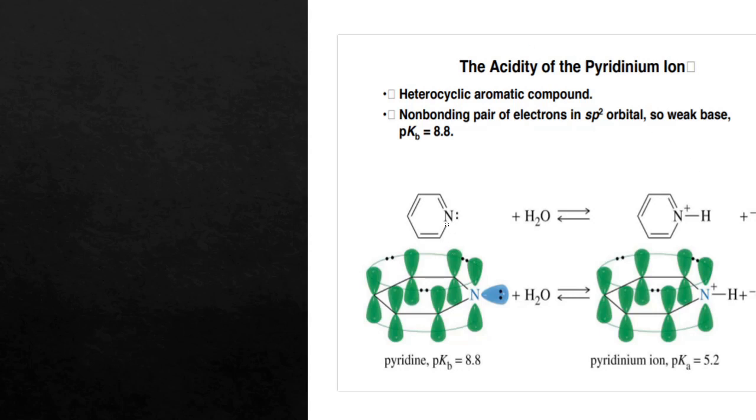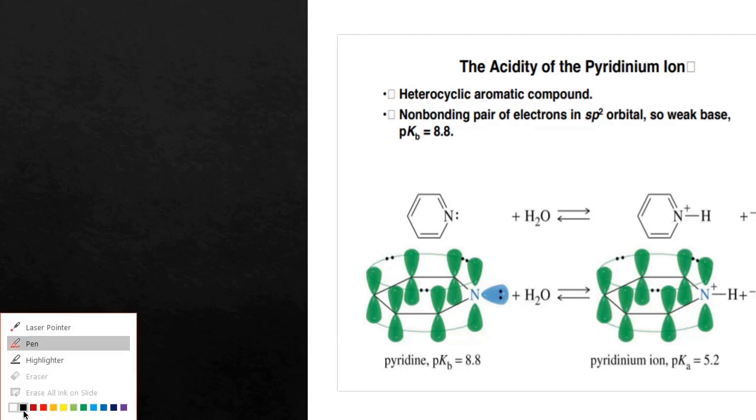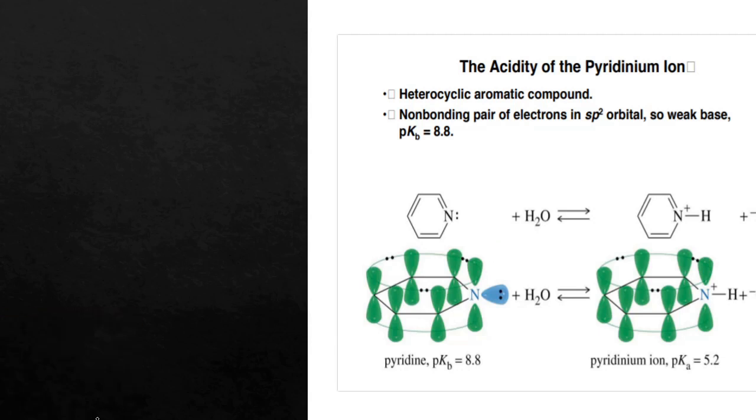Now it is a heterocyclic compound, and in pyridine there is a non-bonding pair of electrons. It is present in an sp2 hybridized orbital, and therefore pyridine is a weak base. If you look at the pKb value, it is around 8.8.